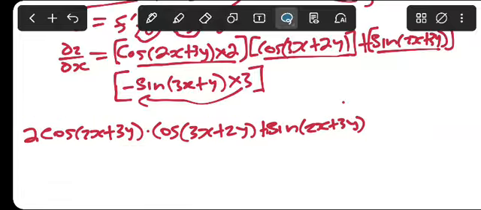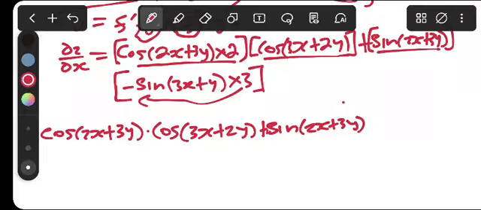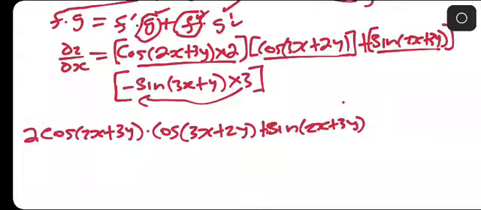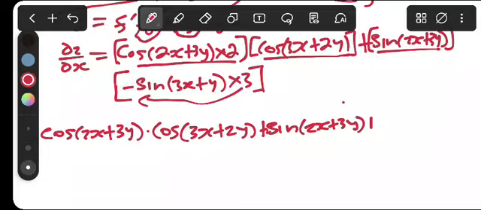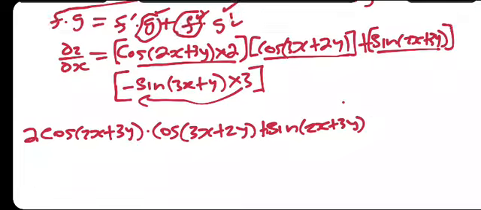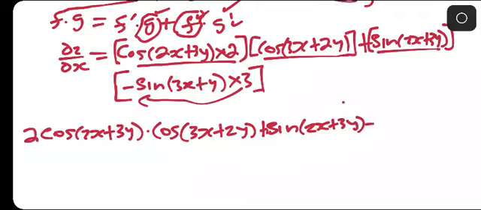All right, so we'll have, by the way, multiply by negative 3 sine 3x plus y, like that. All right, this is what we have so far.